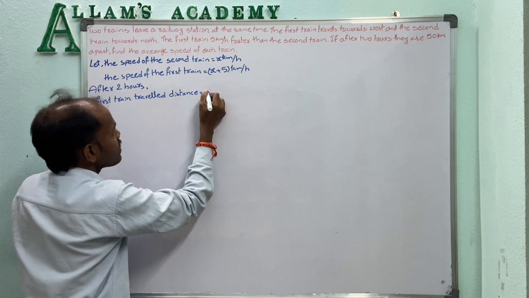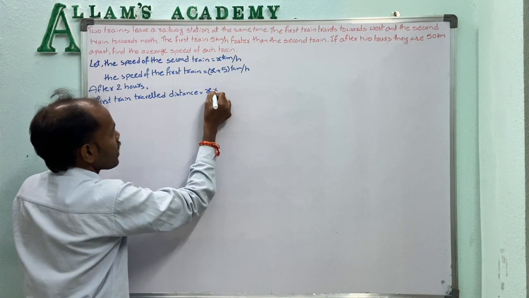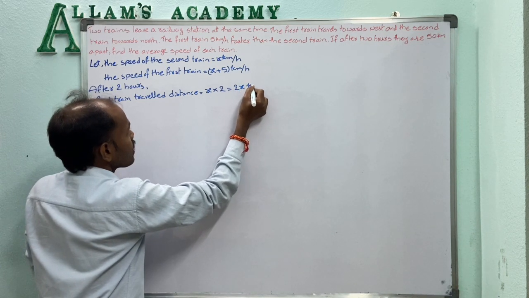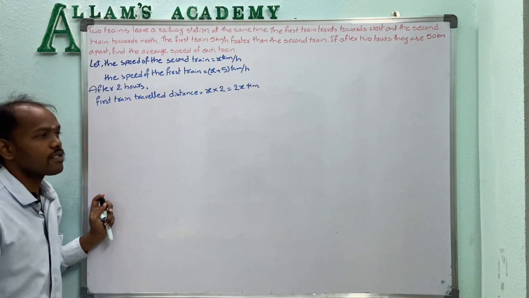That speed is x kilometers per hour and time is 2 hours, that is nothing but 2x kilometers. It will travel 2x kilometers.